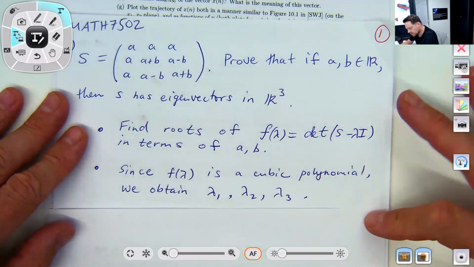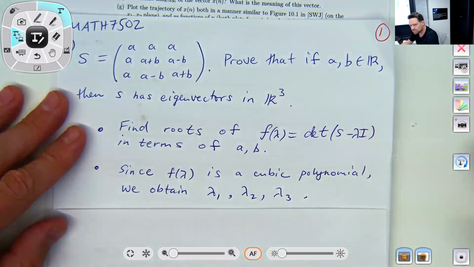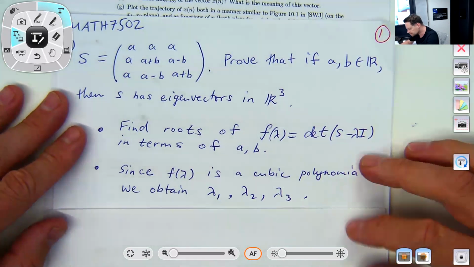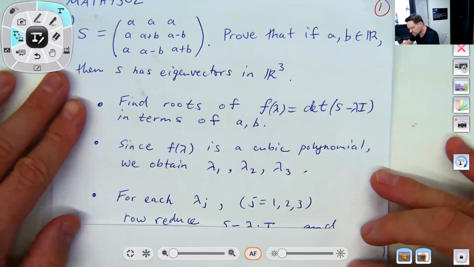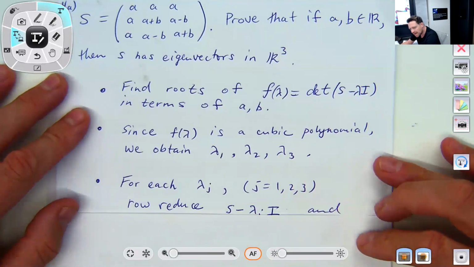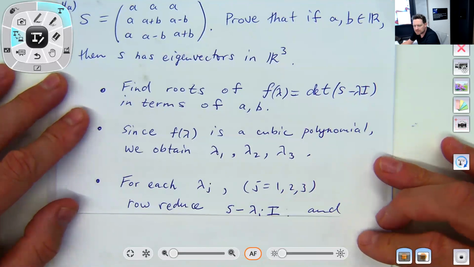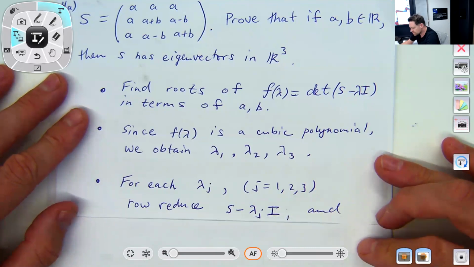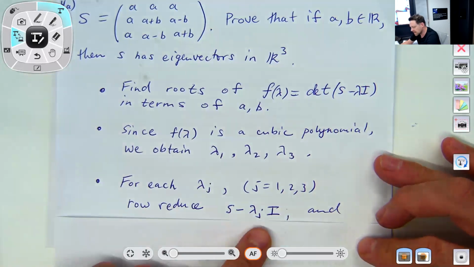Next, for each of the lambda j that you obtain, for j equals 1, 2, and 3, row reduce S minus lambda j times I.